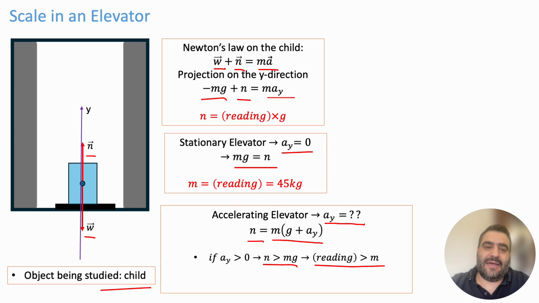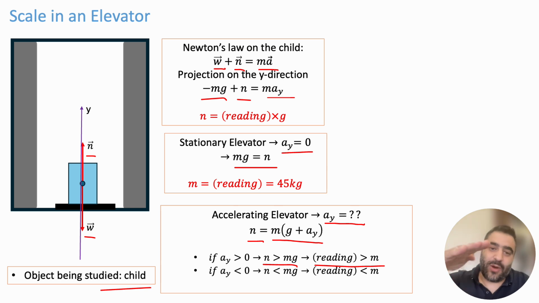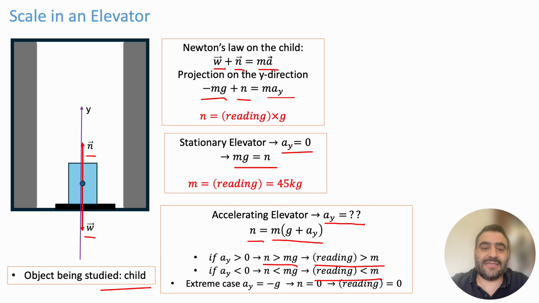The other case is that the acceleration is negative. If the acceleration is negative, then n is going to be less than mg. So it means that the weight is going to pull us down because there is not enough normal reaction to oppose the weight. And in this case, the reading is going to be less than m. The extreme case of this is when the acceleration is equal to minus g.